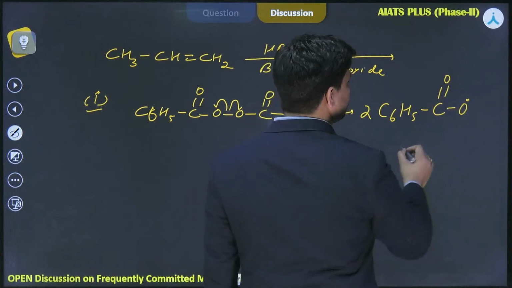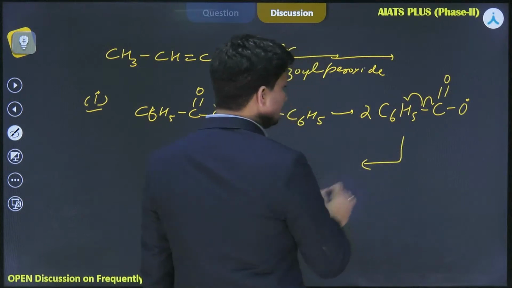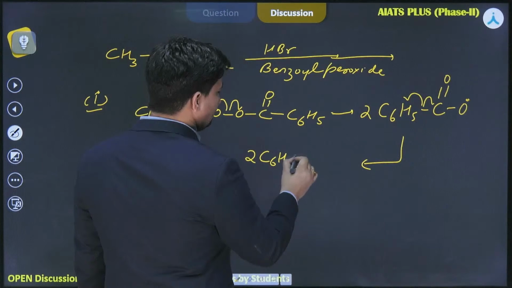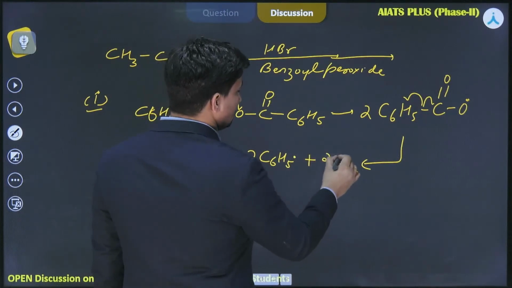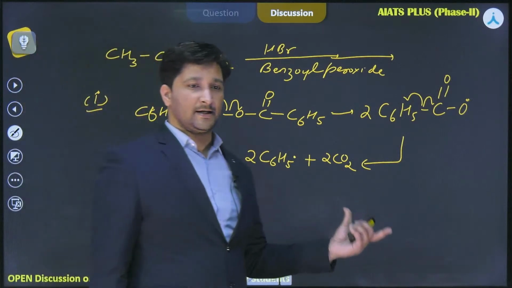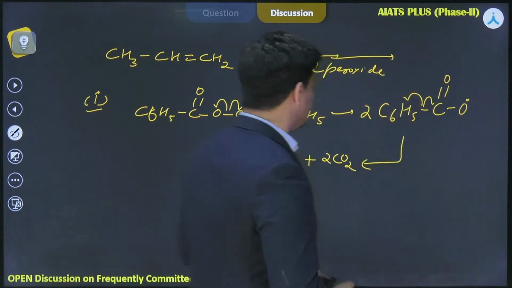This free radical is there, homolytic cleavage of this will also take place, and finally you will get 2 molecules of C6H5 free radical plus 2 molecules of carbon dioxide. Now this will act as a free radical, and again it will help in the formation of other products also.